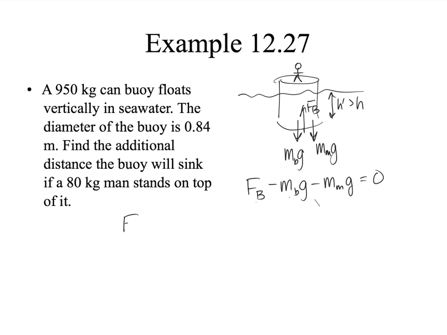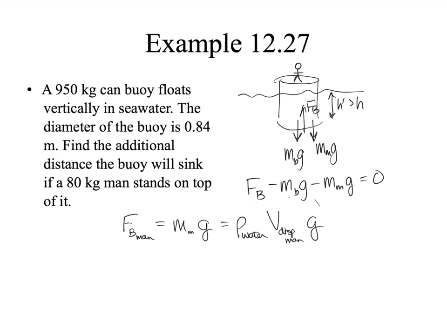So let's say the buoyant force for the man has to be equal to the mass of the man times gravity. And this will be equal to the density of the water times the volume displaced because of the man times gravity.